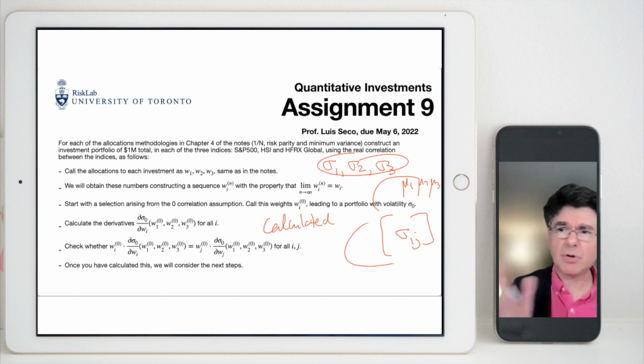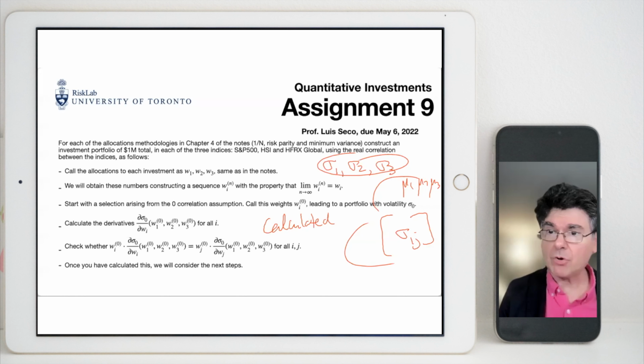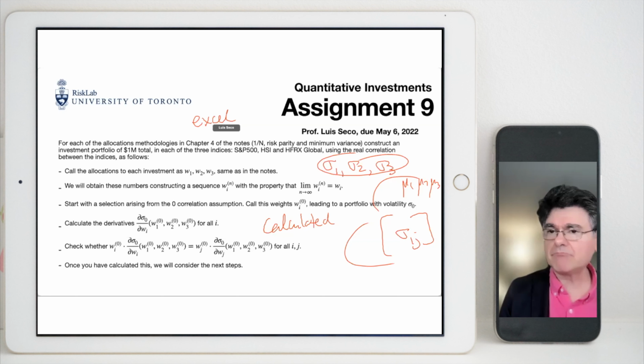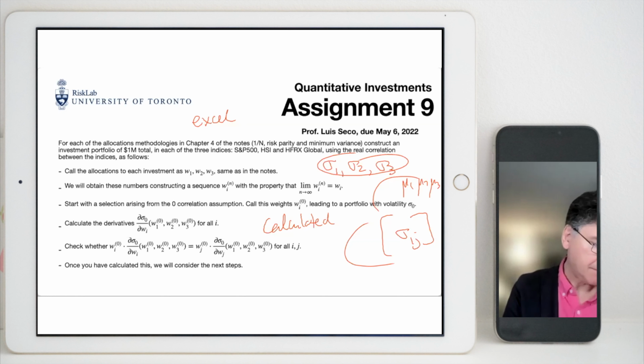You're able to calculate them. You calculated them also in the previous assignment. I have no questions, so I assume this means that everybody was able to calculate these numbers. So if you have these numbers, these are saved on an Excel spreadsheet, for example, I assume, yeah? So they are saved.